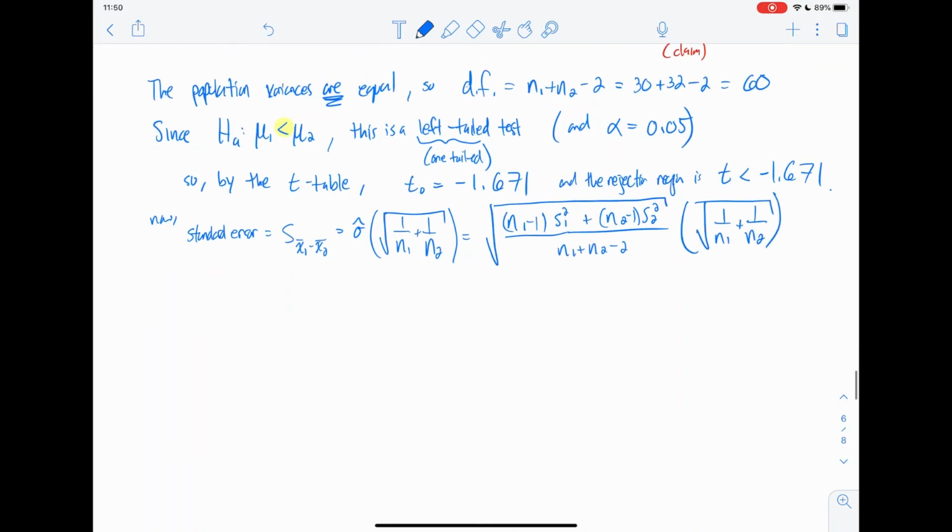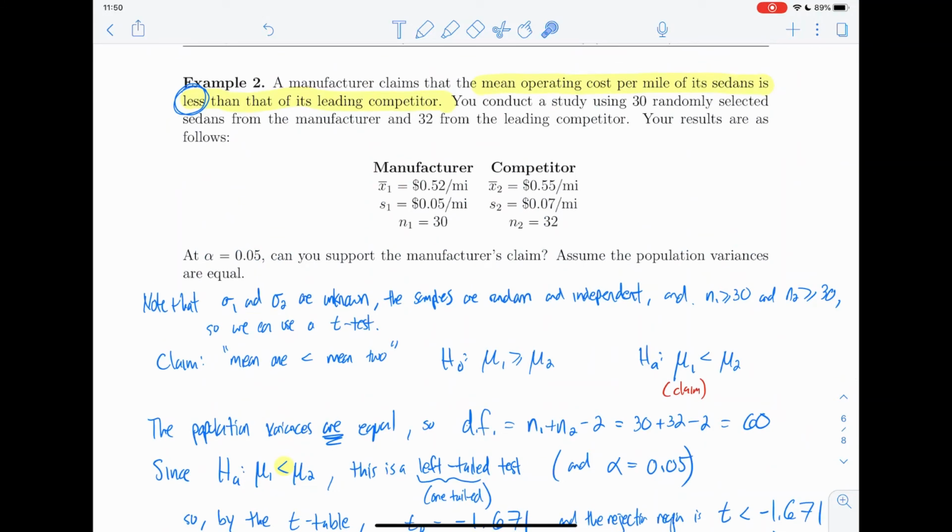So let's plug in all of our information for what this is going to be equal to. n1 was 30, so we get 30 minus 1 times s1 squared, which is 0.05 squared, because that's our s1.